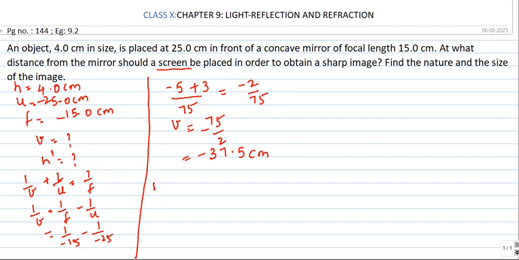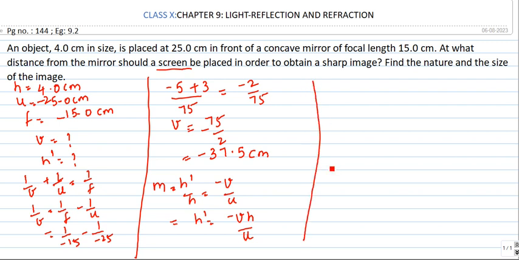So this we will find out from the magnification, which is given by m is equal to h dash by h, it is also equal to minus v by u. So we have to find out h dash, which is minus v h by u. So we have to substitute the values for all these. So we will have h dash is equal to minus of minus 37.5 and h is 4.